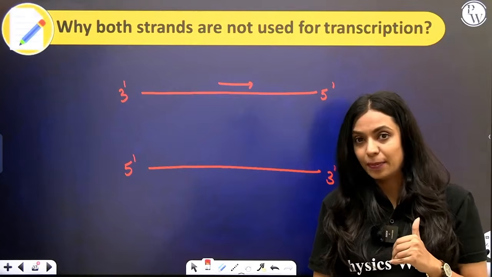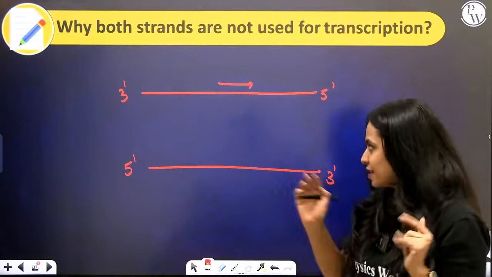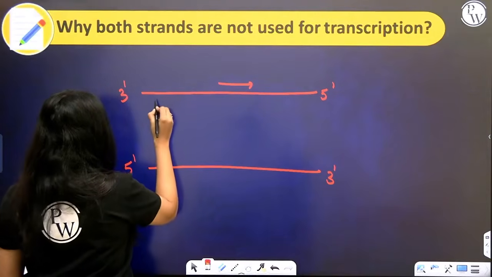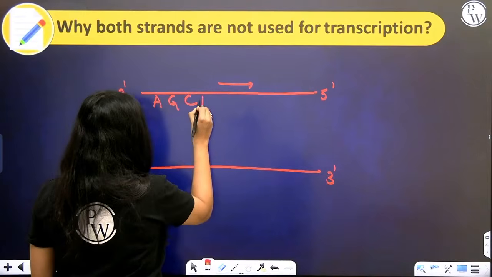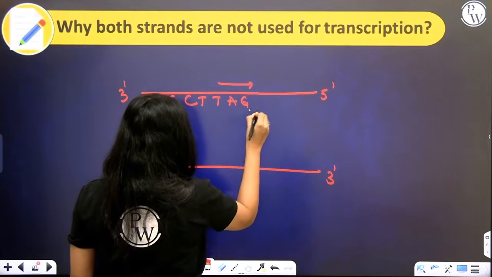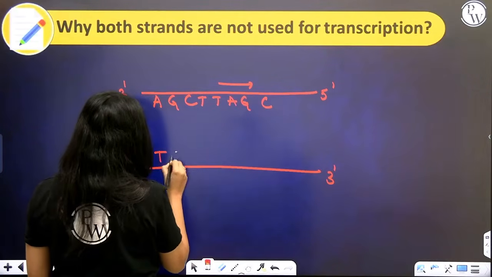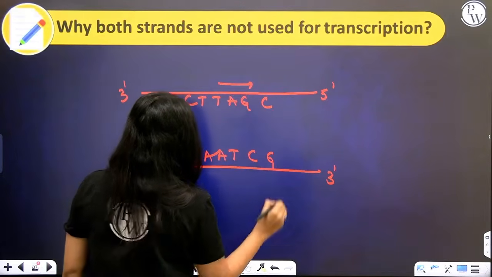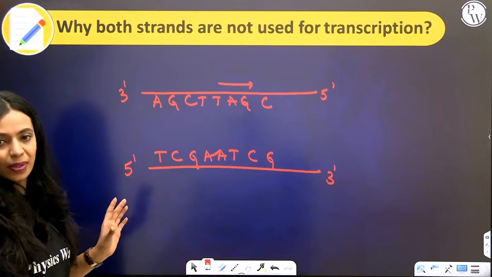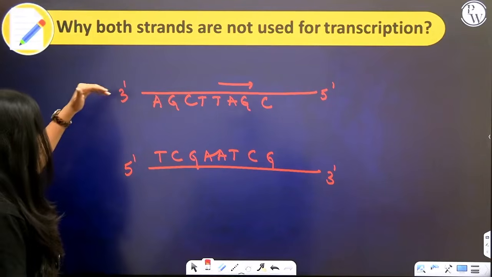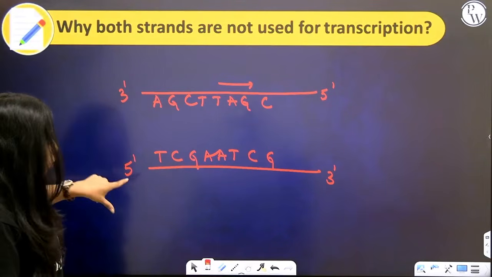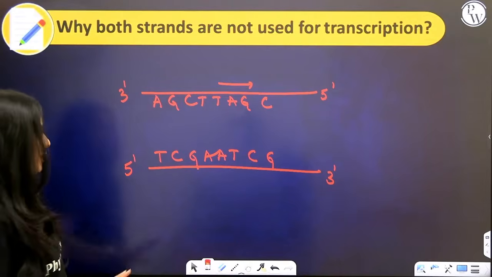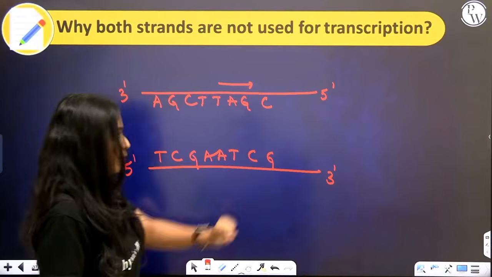number one, if both of them act as the template, let's take a look at the sequence. That will make it clearer for you. A, G, C, T, T, A, G, C, T, C, G, A, T, C, G. So this is the sequence. If you compare the sequence of both these strands from 3' to 5', this is already in 3' to 5'.